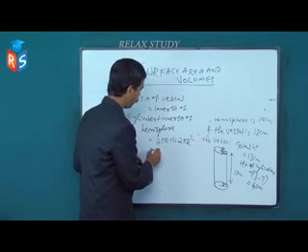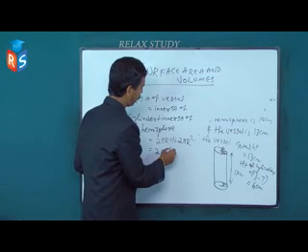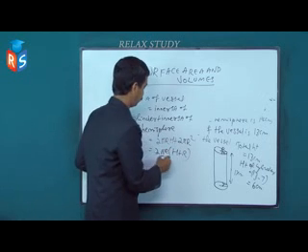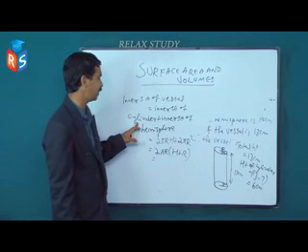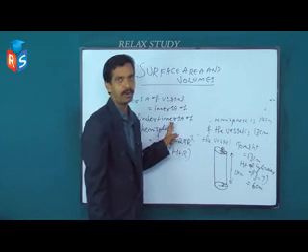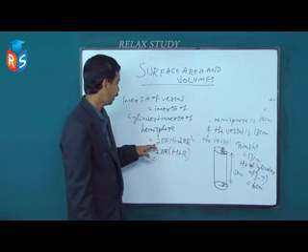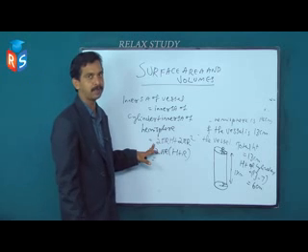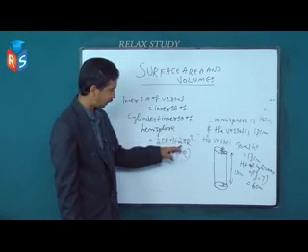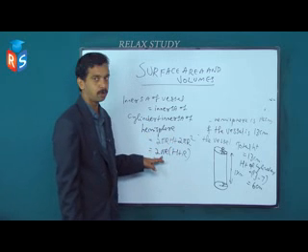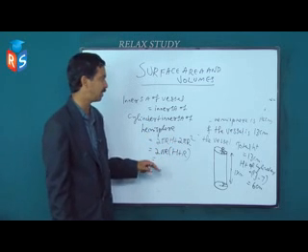We can take 2 pi R outside: 2 pi R into (H plus R). Here the inner surface area of the vessel equals the inner surface area of the cylinder plus the inner surface area of the hemisphere. The equations we have studied previously: 2 pi RH plus 2 pi R square. Taking 2 pi R outside, 2 pi R into (H plus R).